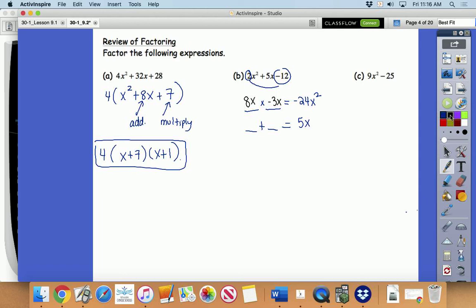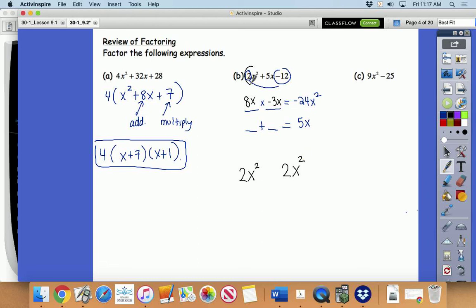So a trick that I use to factor that I've shown students, and they seem to like it because it is a quick method. If you have another method that you remember that works, go for it. You do not have to use this method. But what I do is I write the leading coefficient with the variable twice.